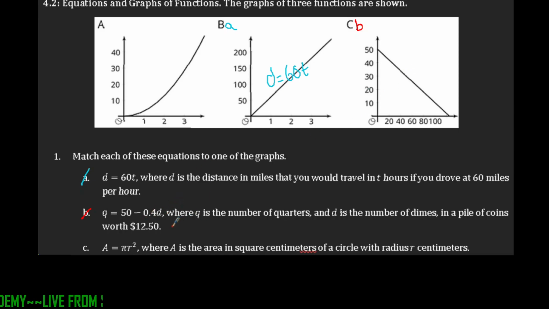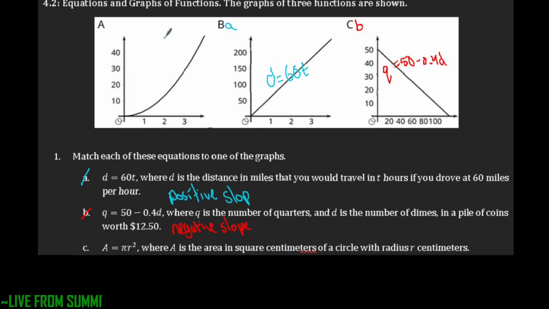Let me write the equation here: 50 minus 0.4 times d equals q. And for that first one, we could say that one just has a positive slope.